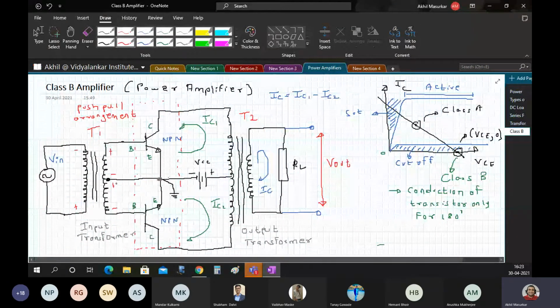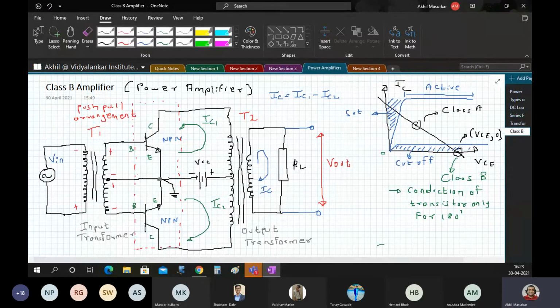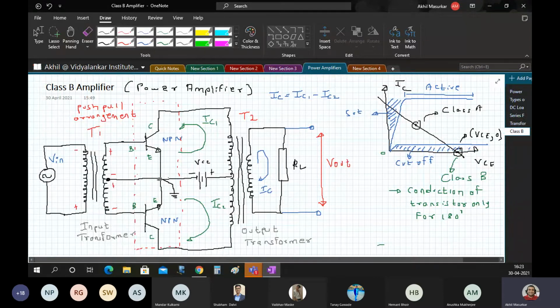Okay. So if you are done copying with this, I'll just leave this circuit this way and use it for explanation. So this circuit that you can see here is called as transformer coupled class B push pull amplifier.